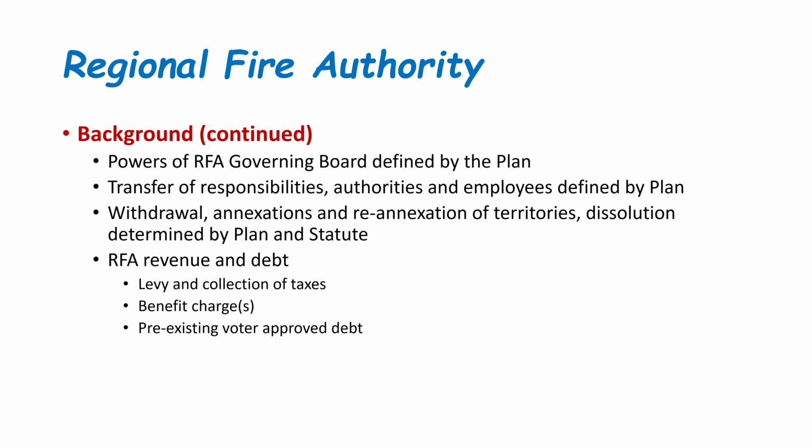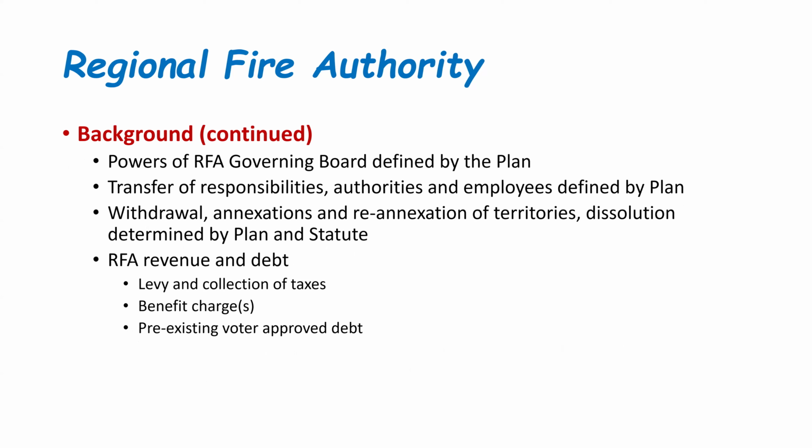The powers that an RFA has are defined in the plan. The misconception is that an RFA plan is for everything. It doesn't have to be. For example, an RFA could be created simply to provide EMS.